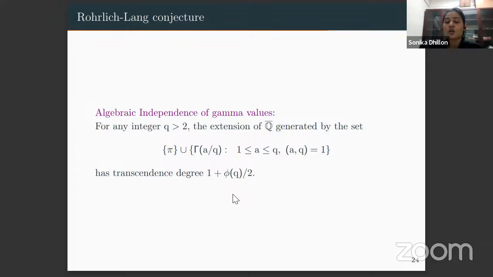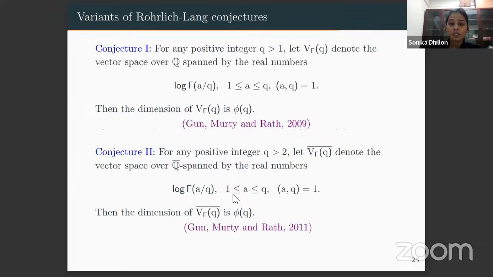Now, in order to solve these problems, and since the logarithm of gamma values are already coming as a part of the derivative of L function, in 2009, Gun, Murty and Rath made a conjecture, which they call a variant of the Rohrlich conjecture. They conjectured that instead of studying gamma values, they studied the logarithm of gamma values, because logarithm of gamma values have a beautiful application for the derivative of L function.